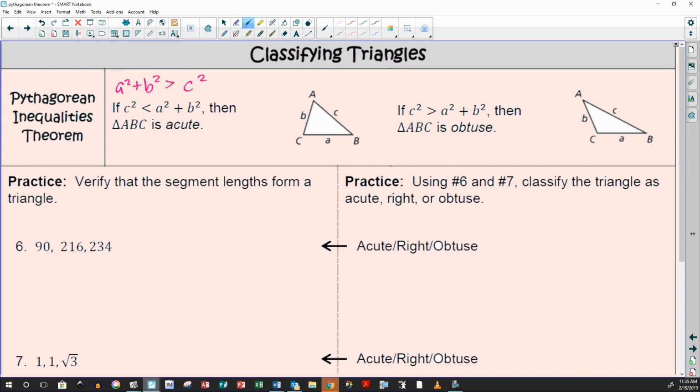So if A squared plus B squared is greater than C squared, then you have an acute triangle, because these two sides are bigger than this side when they're squared. And if A squared plus B squared is less than C squared, then it's obtuse. Then that means the C squared is big all by itself. So I remember them in this order and not with C coming first. Whatever works for you, I'm not going to tell you to change it.